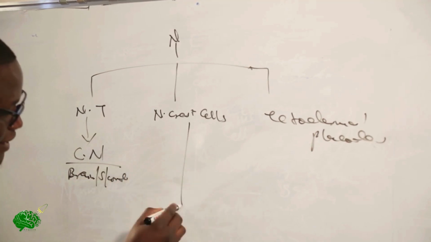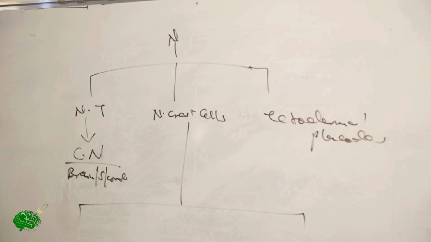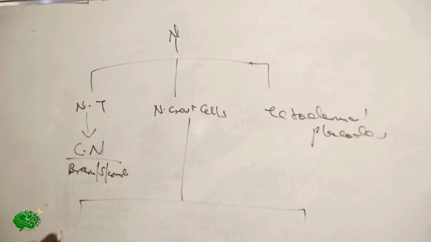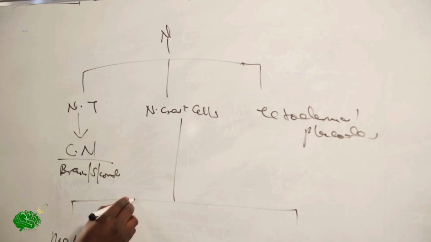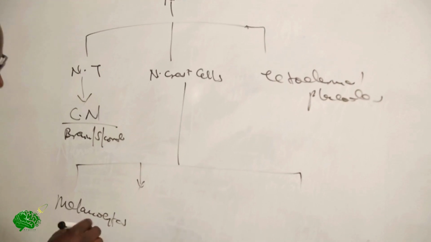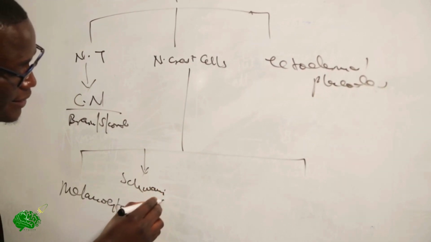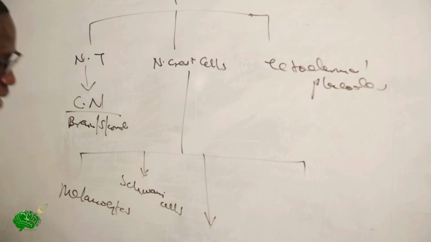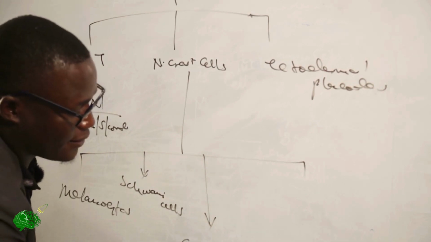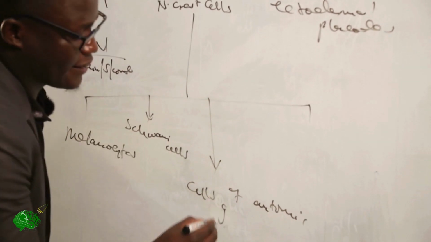Then the neural crest cells will further differentiate into a number of cells. One, it will differentiate to form the melanocytes. It differentiates to form the Schwann cells. It differentiates to form the cells of the autonomic ganglia.